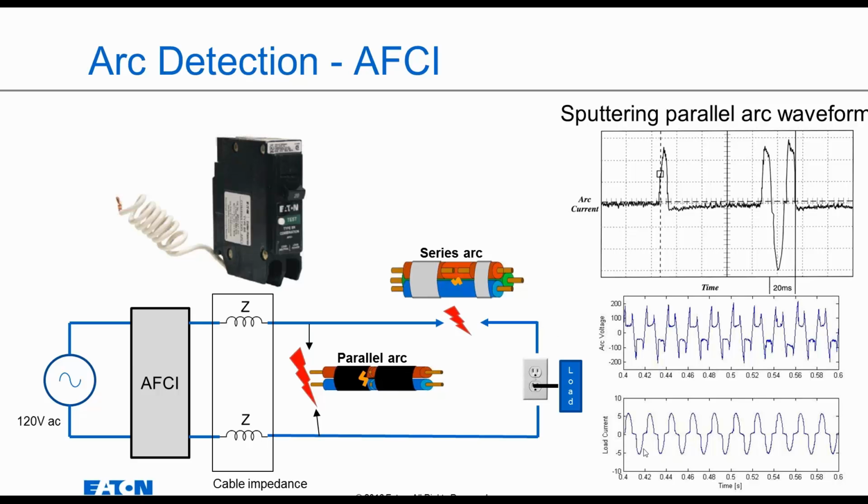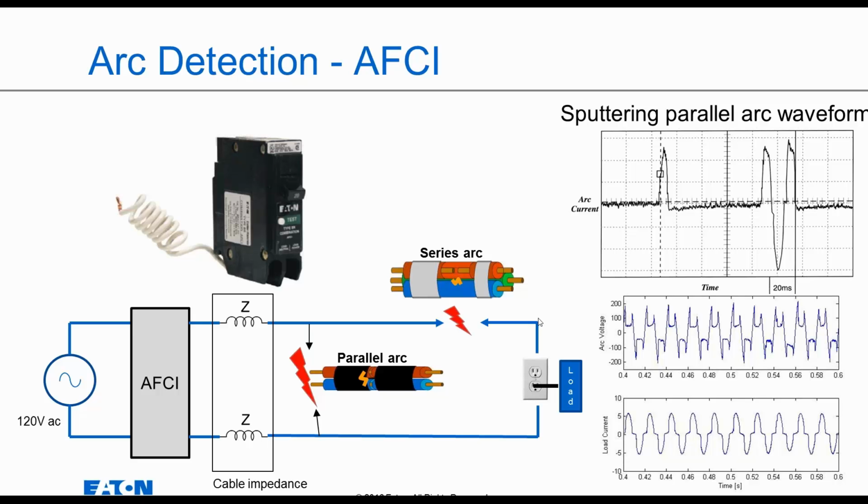And you can see this is the current signature waveform that has a series arc in series with it. There's an impedance built across here that's creating these shoulders in that AC waveform.